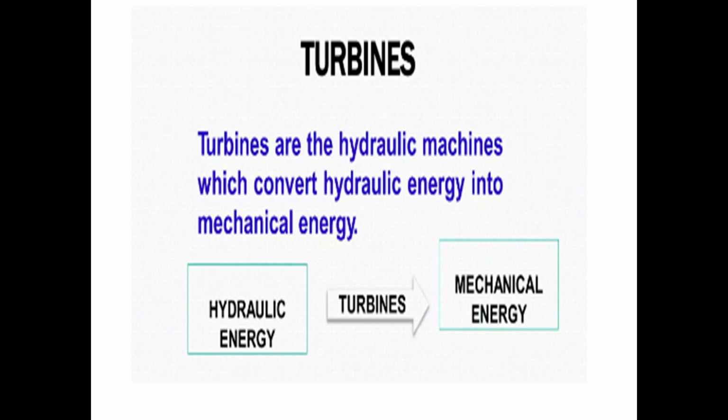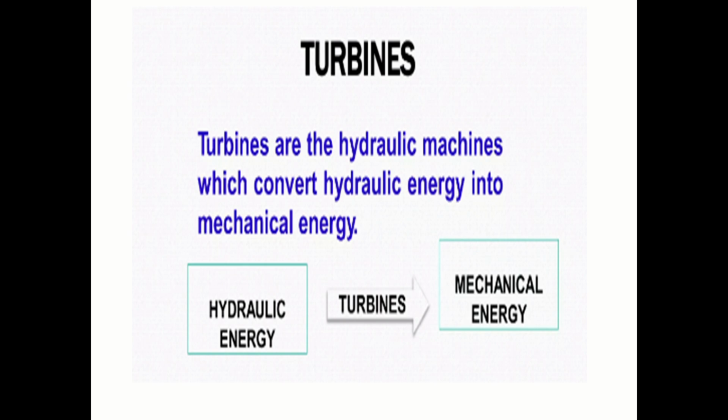So because of the impulse of the water, the impeller is rotating, which is called as mechanical energy. Then because of the rotation of the impeller, the shaft will be rotated, and this shaft which is connected to the generator will give electricity.